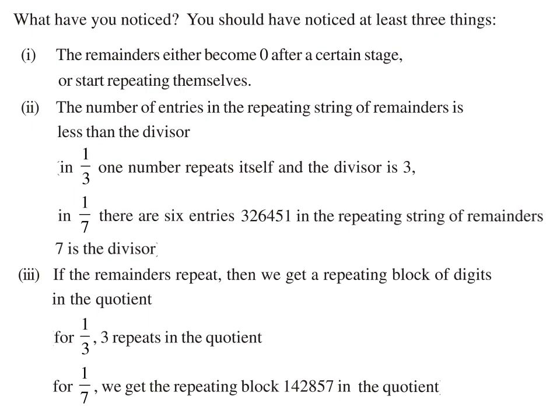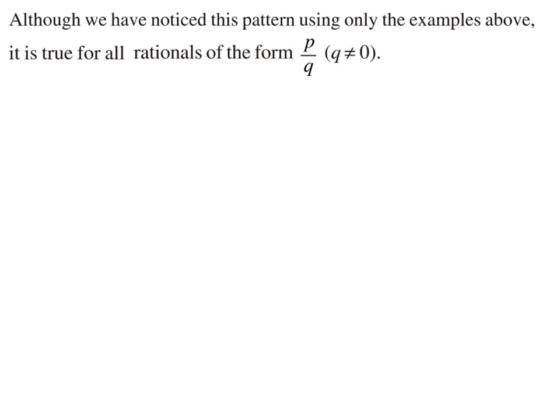This is the important way to represent any rational number by its decimal expansion. So let's discuss it. All along we have noticed this pattern using only the examples above. It is true for all rational numbers of the form p by q where q is not equal to 0.